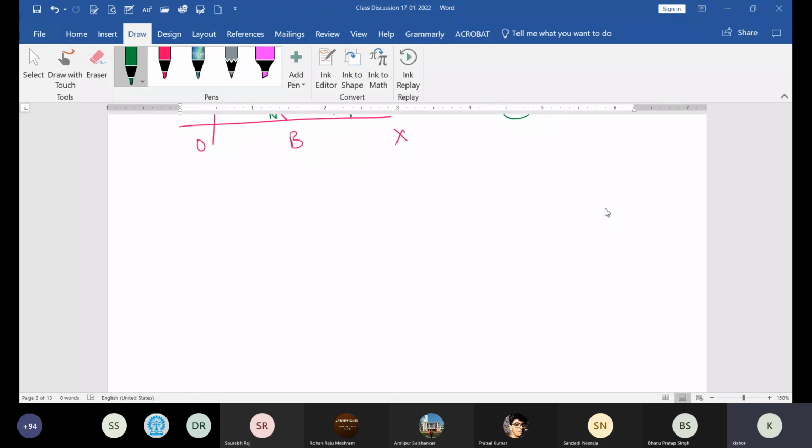In economics, you have to assume right now certain things. In economics, there are different kinds of goods, like normal goods, luxury goods, essential goods, inferior goods, like that. So normal goods are those goods whose demand increases along with increase in income.